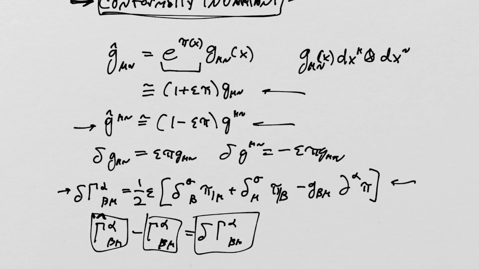And if you looked at this expression, you have your little epsilon factor out in front. You have the first derivatives of this conformal function. I'll call this the conformal transformation function or something like that. Maybe just the conformal function. The first derivative of the conformal function is a partial derivative. These delta functions here, the metric, and then this is also the first derivative of the conformal function, but with a raised index.